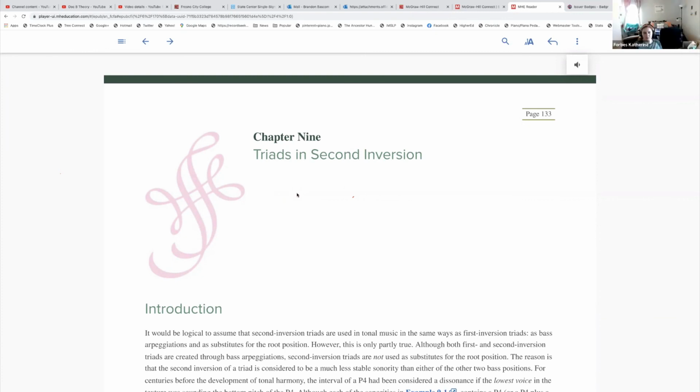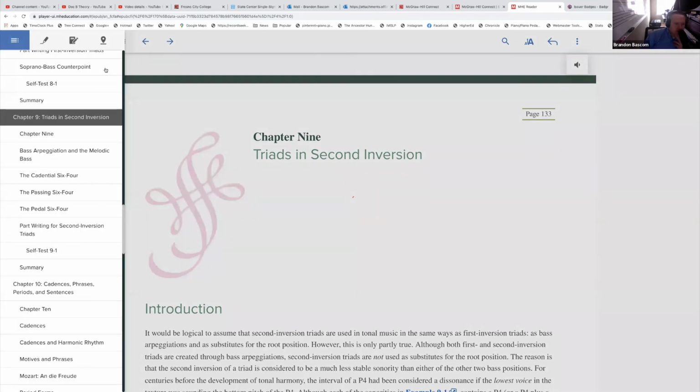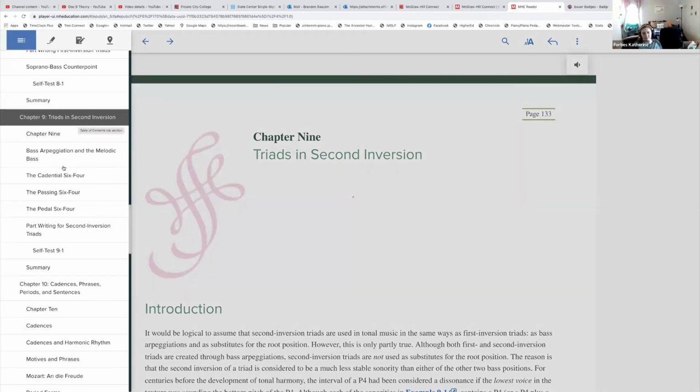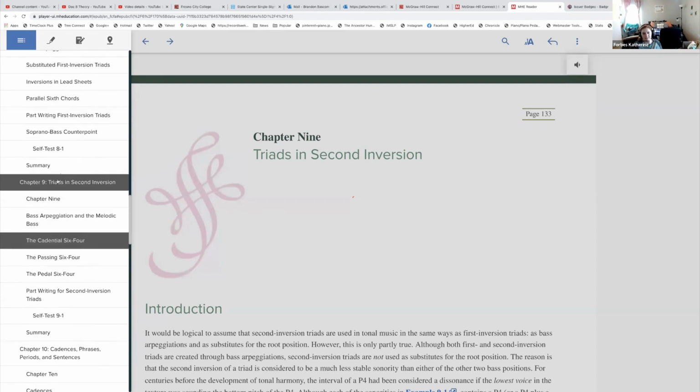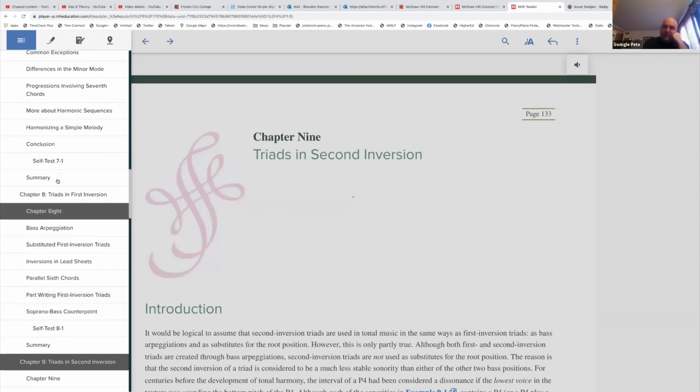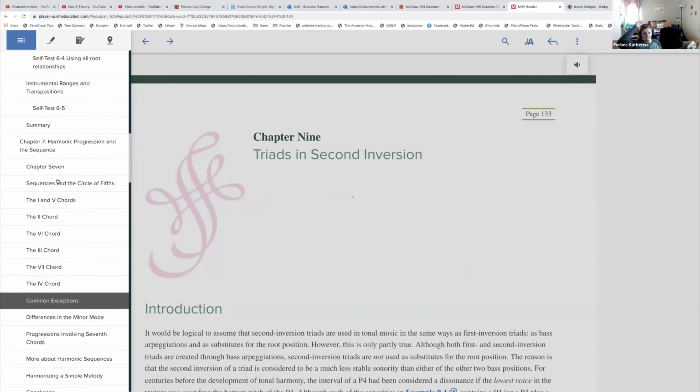Can we review going from or identifying parallel octaves and parallel fifths and that sort of thing? The part writing errors. Yeah. The no-no norms. Chapters 5 through 8.